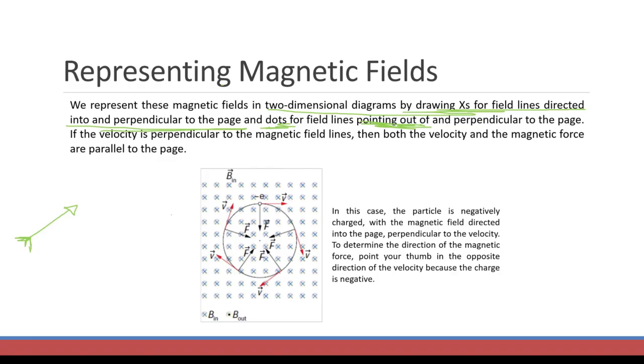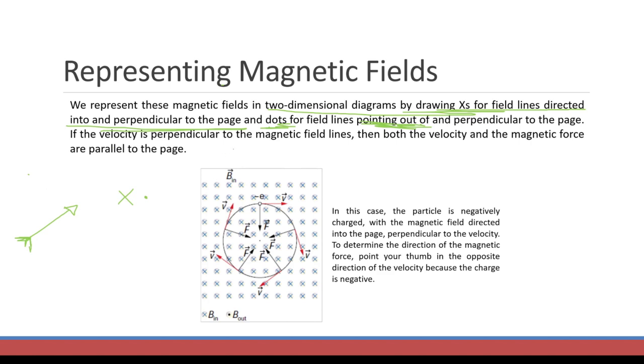If you were to view an arrow coming at you, you would see the point, the dot, coming at you, and if you see it going away, you would see the back feather part. So that's an easy way to remember the field lines for these.